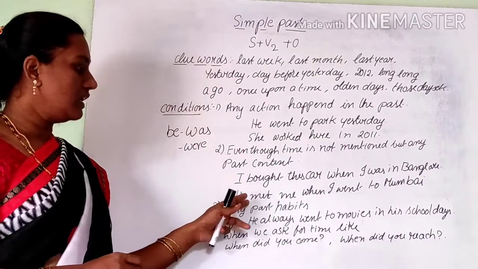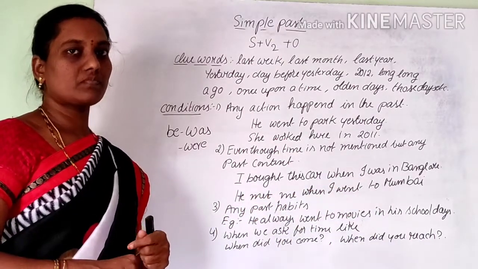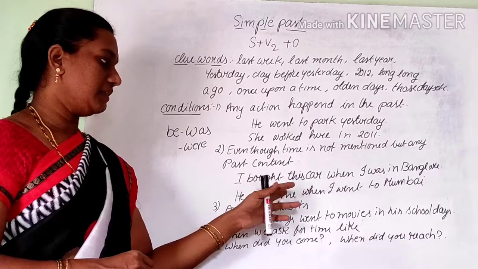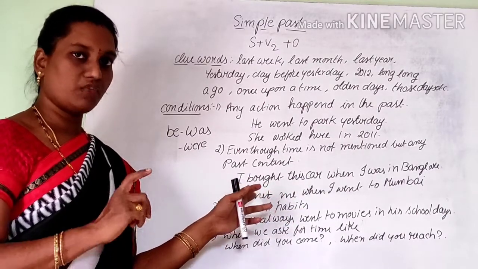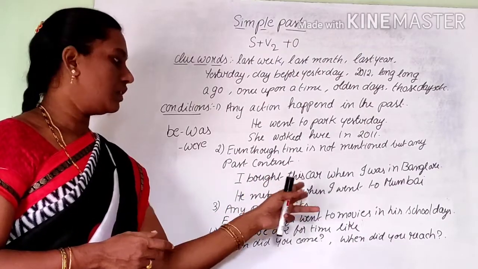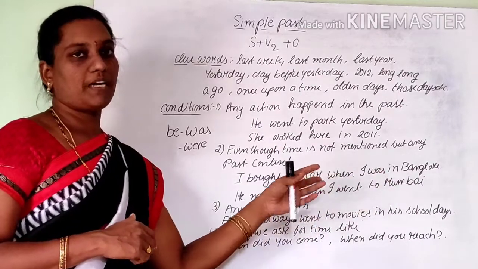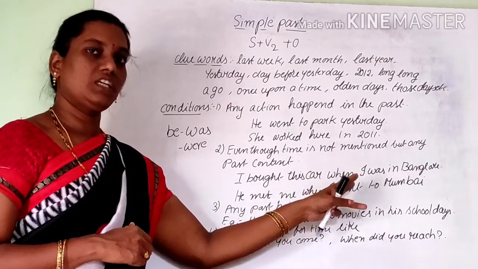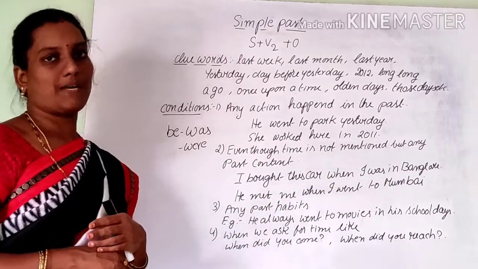Okay, next see, he met me when I went to Mumbai. He met me. He is the subject. Met, V2 form of meet. Me is the object. So when again past, I went to Mumbai. I is the subject. Went is V2 form of go to Mumbai.